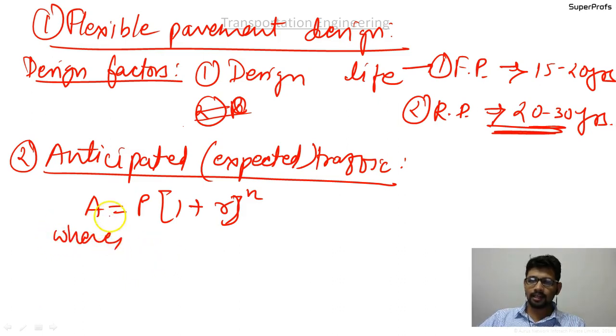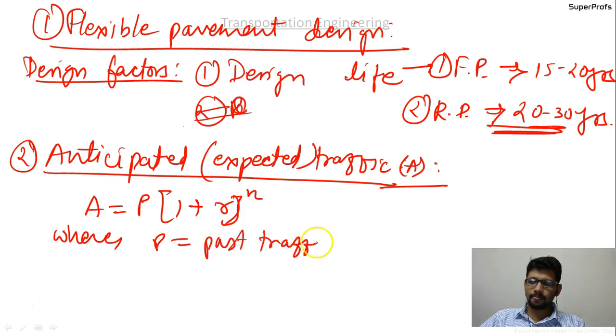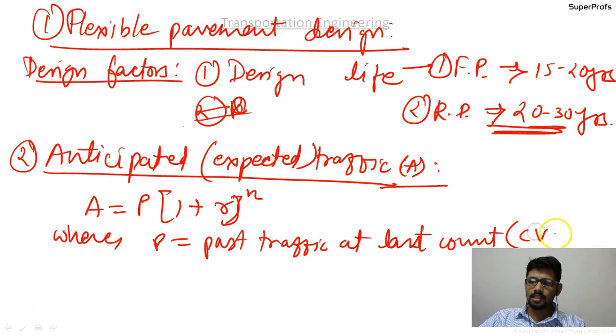Where A stands for anticipated traffic volume, and P is past traffic at the last count. It is traffic volume given in CV per day, commercial vehicles per day.